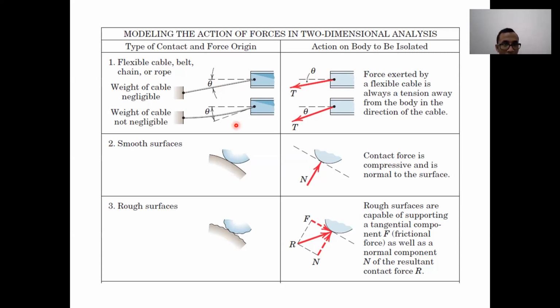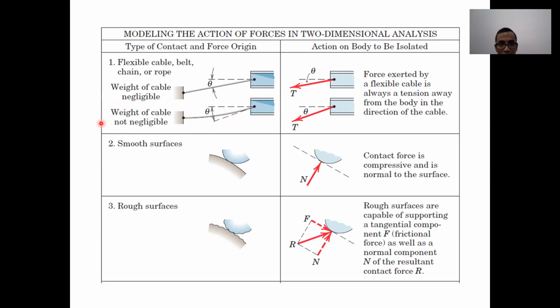And then if the cable has a weight and the weight is not negligible, the direction of the tension force is supposed to be the tangent there. So this is the direction of your tension force because of the cable. But this particular problem is quite rare in our case.